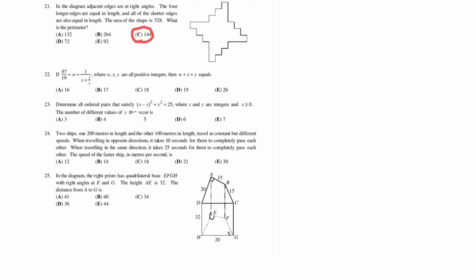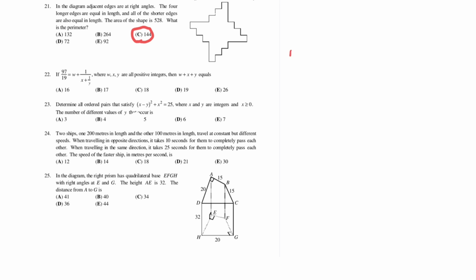Number 22: if 97 over 19 is equal to w plus 1 over x plus 1 over y, where w, x, y are all positive integers, then what is w plus x plus y equal to?